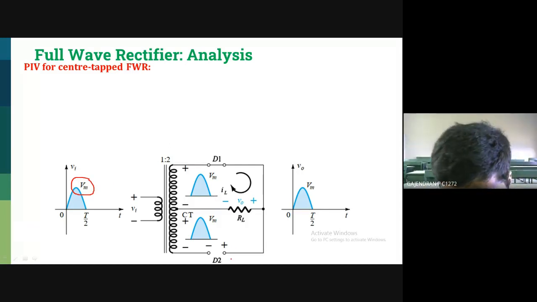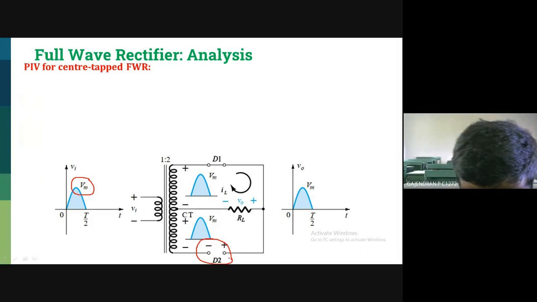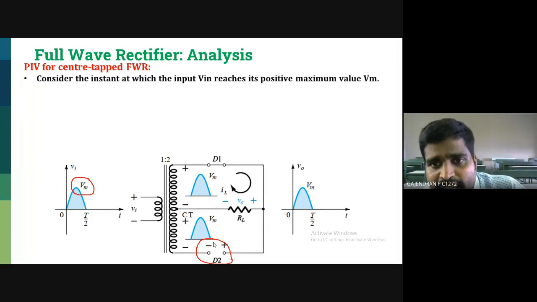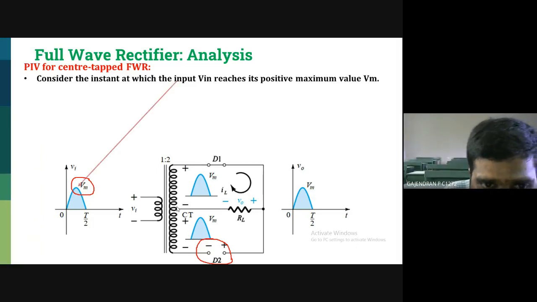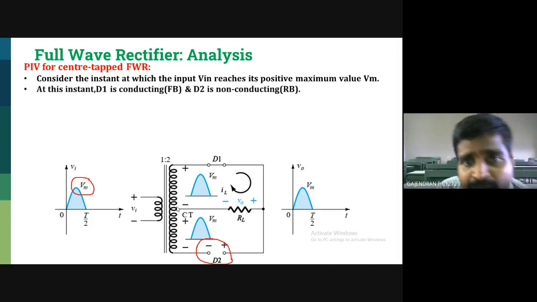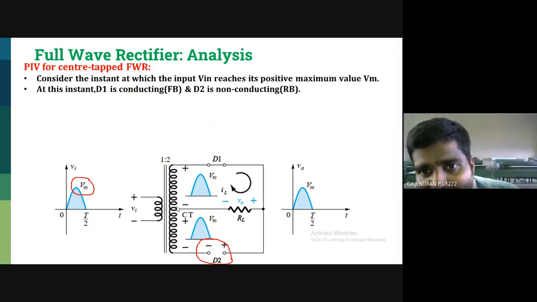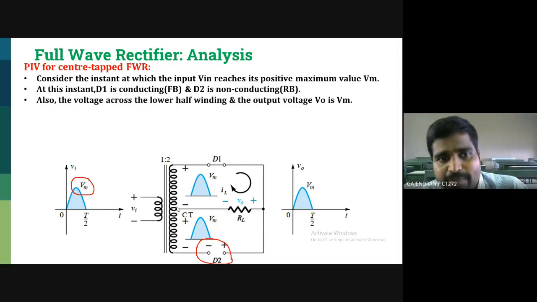In this, what is the voltage across this particular diode that we need to consider? Okay, so here whenever the positive cycle goes, this is your V max, then one diode conducts, another diode doesn't conduct. That means D1 conducts, D2 doesn't conduct. So what voltage is there across D2?